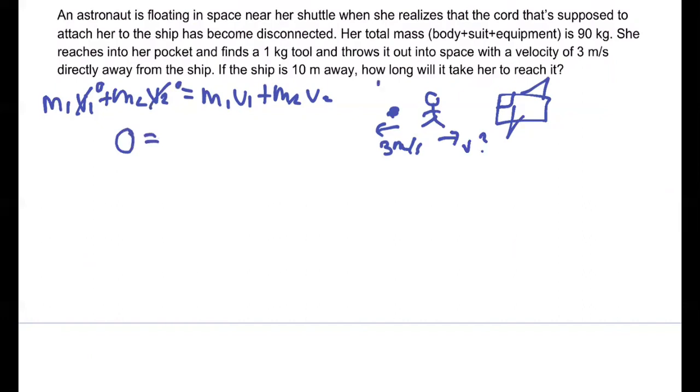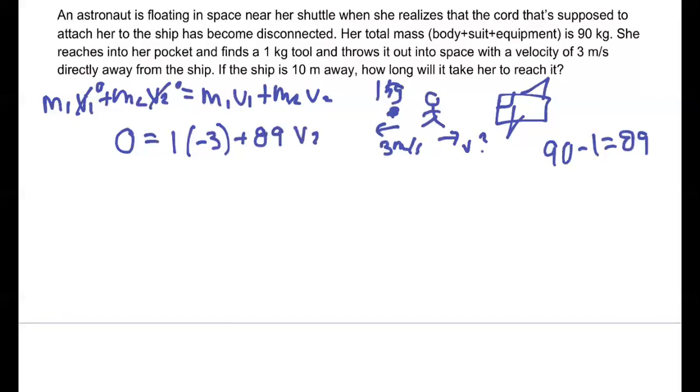She throws a 1 kilogram tool, so we have 1 kilogram times our velocity. I'm going to say it's negative 3 because it's moving to the left, plus our other mass. If she had 90 total kilograms and she threw 1, her mass going to the right is 89 kilograms, so 89 times V2.